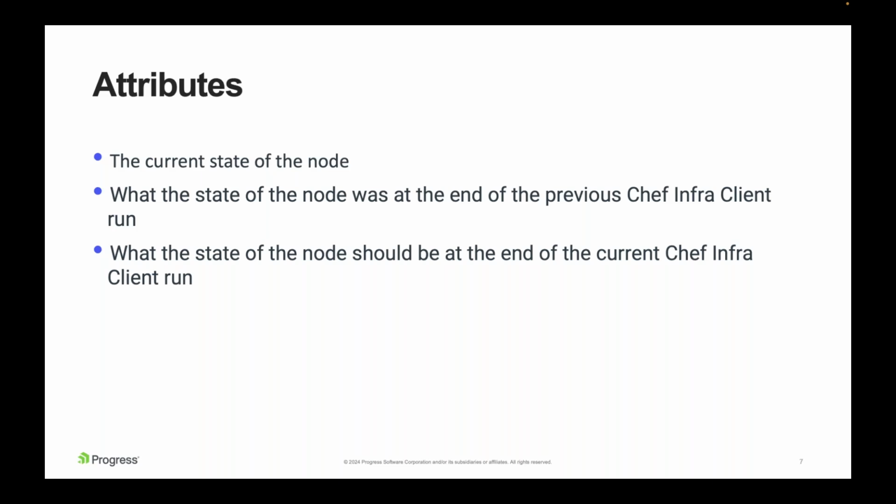The first being the current state of the node, what the state of the node was at the end of the previous Chef Infra Client run, and what the state of the node should be at the end of the current Chef Infra Client run. So the past, present, and the future states of the node. The Chef Infra Client uses attributes to understand these three things.